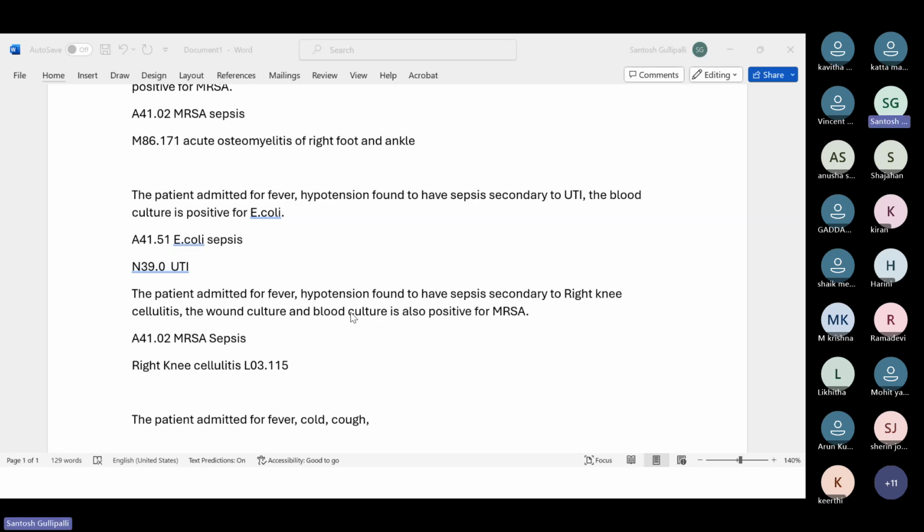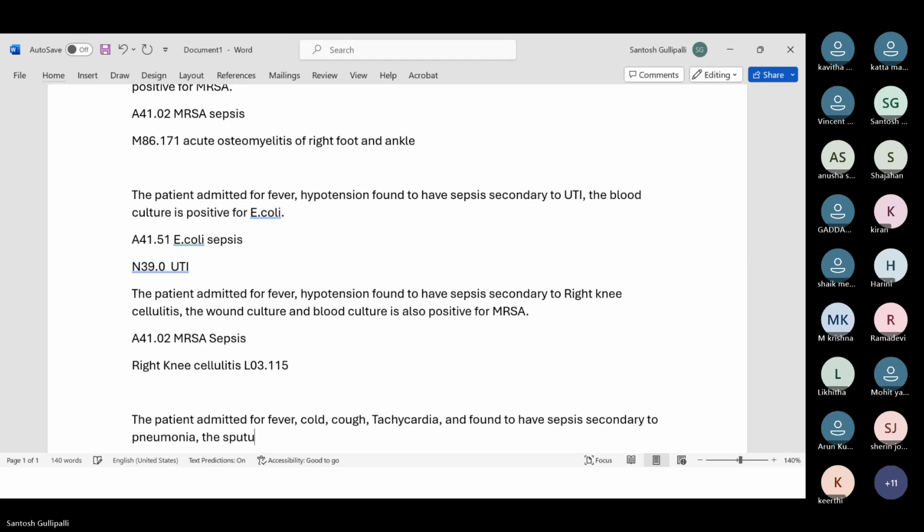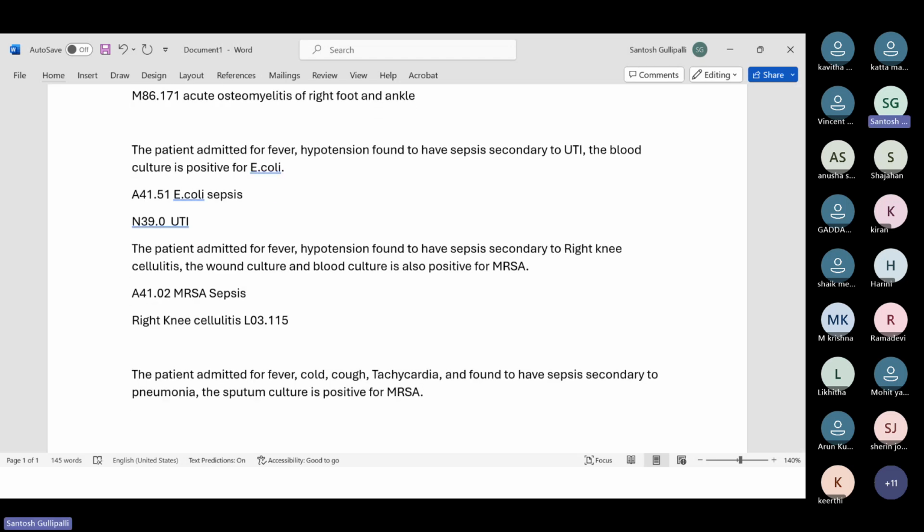Okay, so the patient admitted for fever, cold, cough, tachycardia and found to have sepsis secondary to pneumonia.